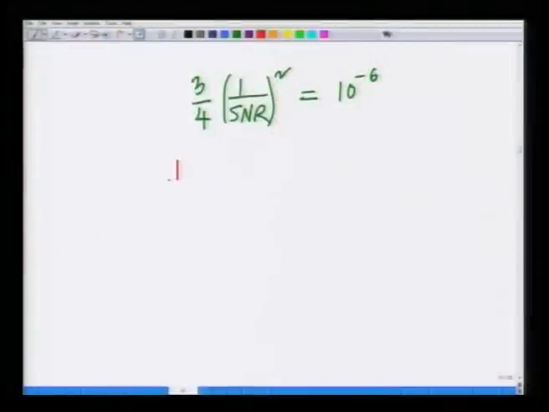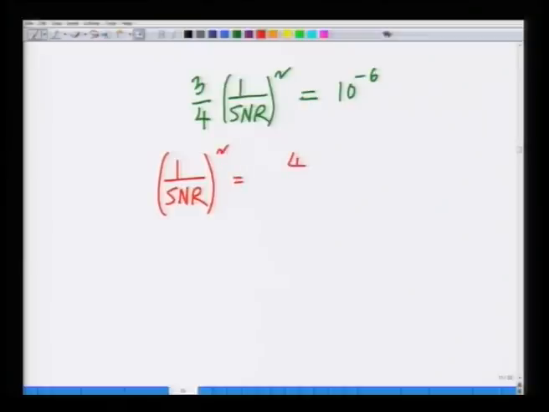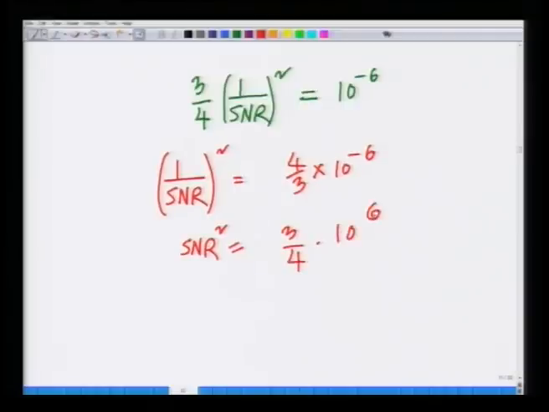Now I can derive 1 over SNR square equals 4 over 3 into 10 power minus 6, which means SNR square equals 3 over 4 into 10 power 6, which means SNR equals square root of 3 over 2 into 10 power 3.